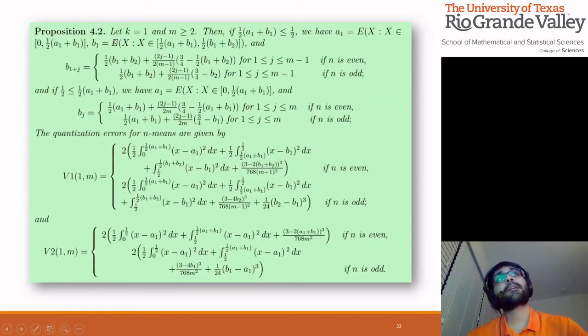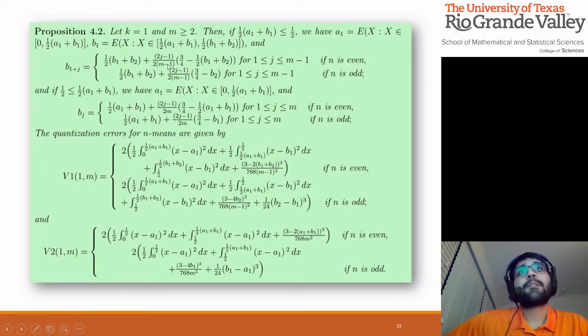Now we have proposition 4.2, where we do the inverse, where k equals 1, only one quantizer in 0 to 0.5, and two or more quantizers in between 0.5 and 3/4. We have the expressions for that.